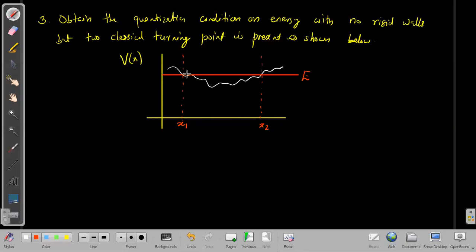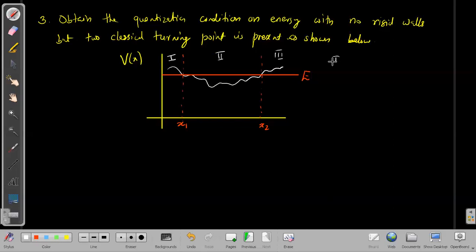So I can divide the entire region into three. Region 1, which is classically not permissible. Region 2, which is the classically allowed region. And region 3, again not permissible.